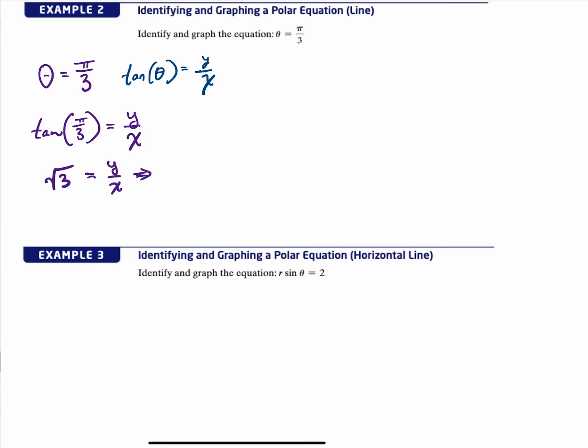We can say that y will equal x times the square root of 3. Hopefully you recognize that as the equation of a line with a slope of the square root of 3. And the y-intercept is 0.